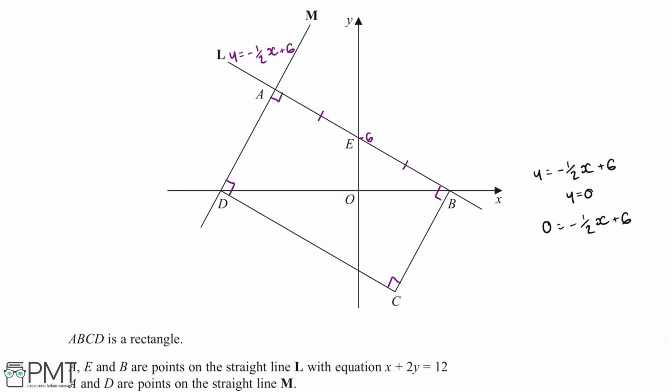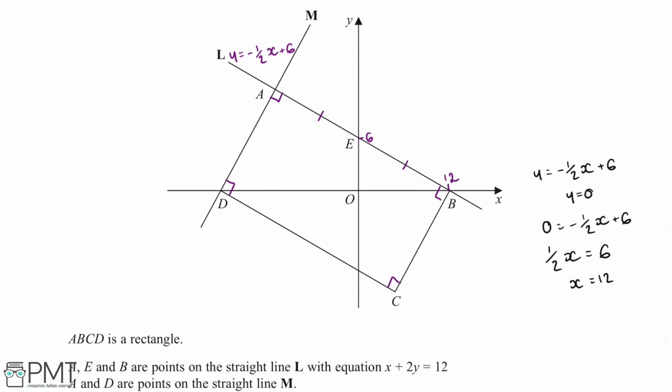We can add a half x to both sides, and this tells us that half x is equal to 6. And now finally divide both sides by half, and this tells us that x is equal to 12. So we can add this to our diagram.